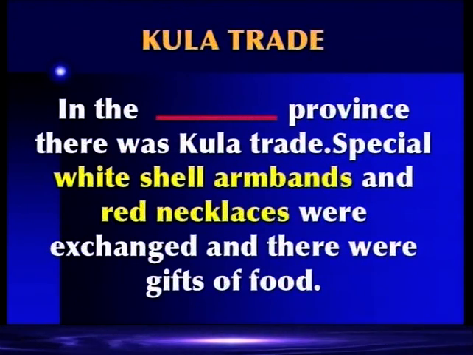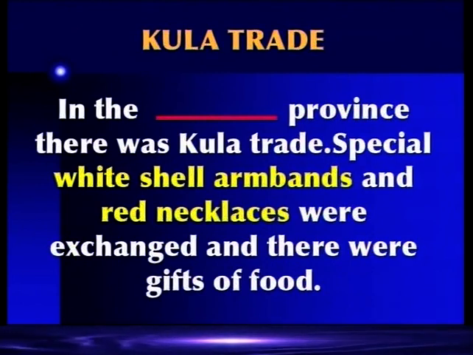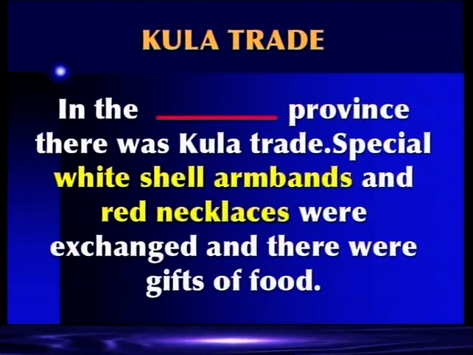Special white shell armbands and red necklaces were exchanged, and there were gifts of food. So in what province was the Kula trade taking place? Receiving students, please fill in that blank space.